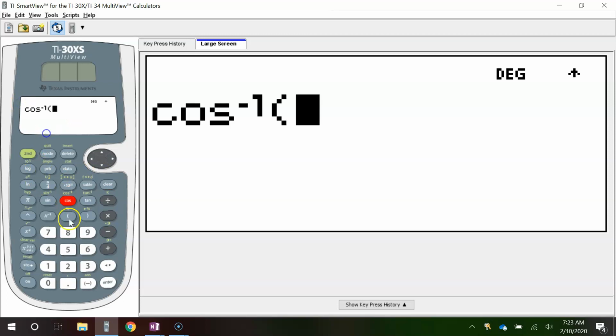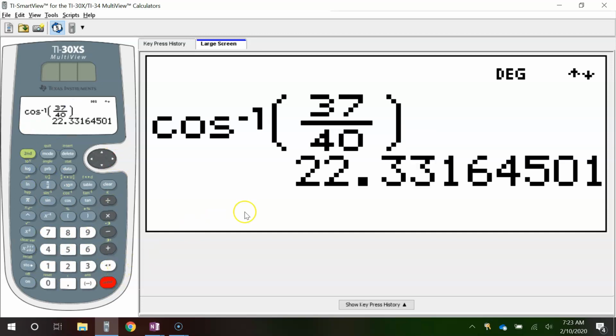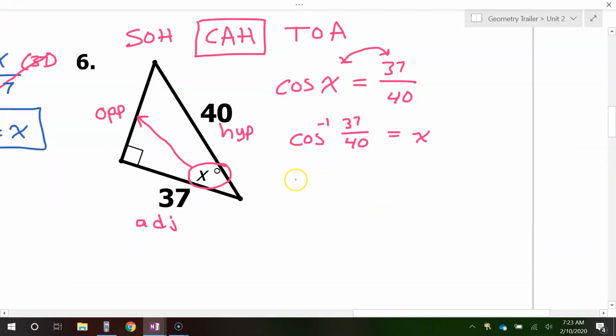Okay, so inverse cosine of 37 over 40. And that's 22.332. Got to round up. All right, so that's how you find that missing angle.